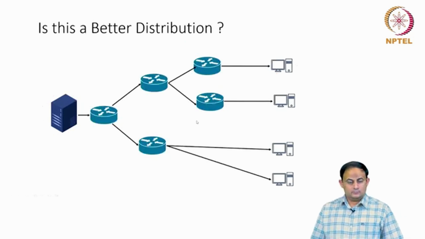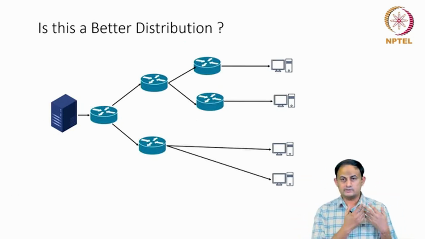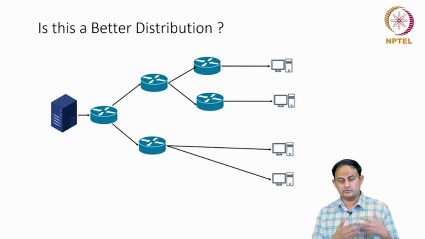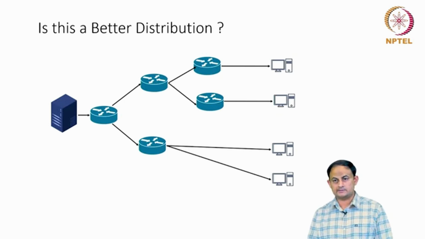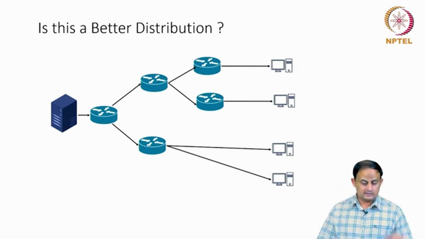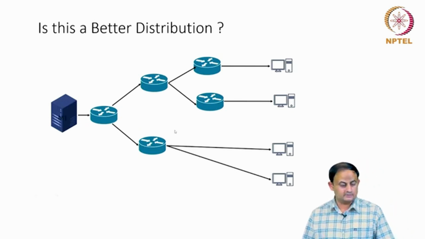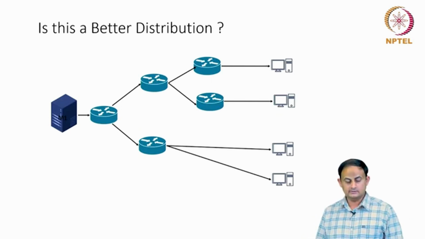So now what would be a better approach to do this distribution? Assume the same content, the same movie or video file, is being requested by all the users in the previous slide. Now what is the better approach that we want to bring onto the table? Let's say the content itself is named movie number 1, that's M1.